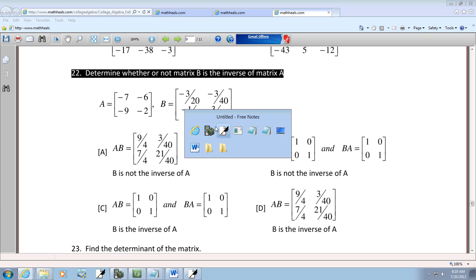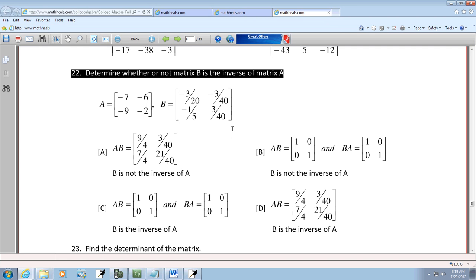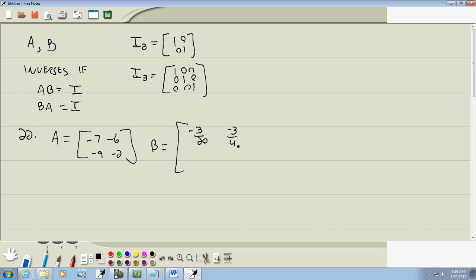Well, let's do this by hand. A is going to equal negative 7, negative 6, and negative 9, negative 2. And B is going to equal negative 3 over 20, negative 3 over 40, negative 1 over 5, and 3 over 40.